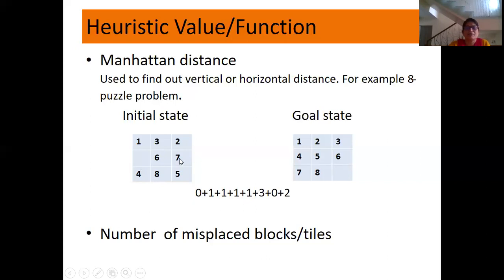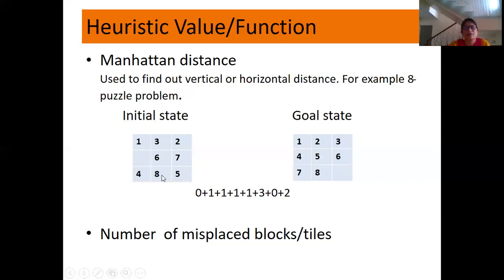Now when you look at 7, the goal state of 7 is here, but right now it is here. So how many steps does it need to move? It needs to move 2 horizontal steps and 1 vertical step. So a total of 3 moves are required for 7 to reach its goal state.